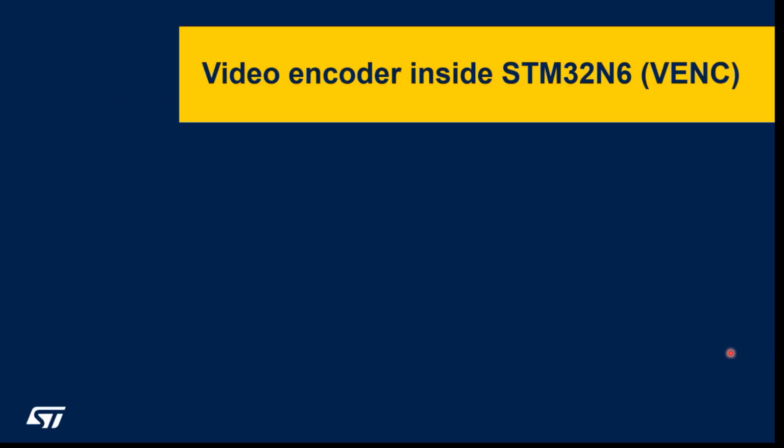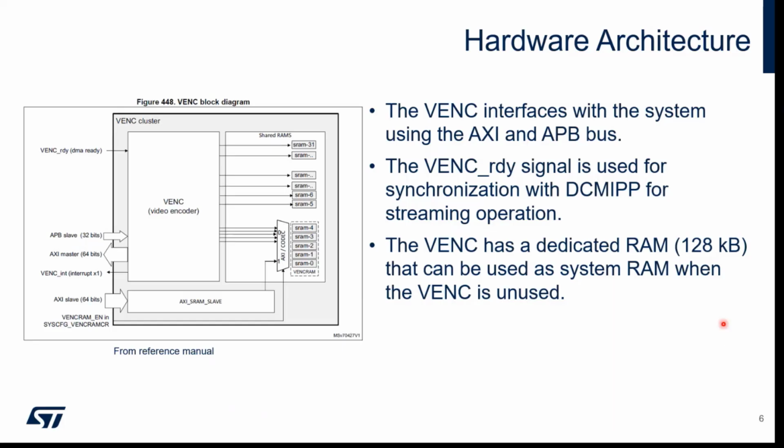So let's have a look at the hardware video encoder that's inside the STM32N6. Here we have a simple diagram. The encoder is connected to the bus matrix, so it can act as a master and access the image data.